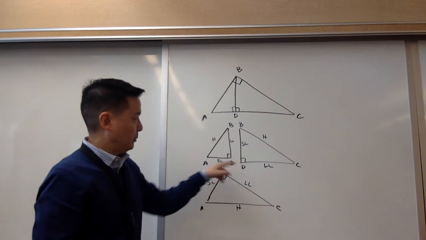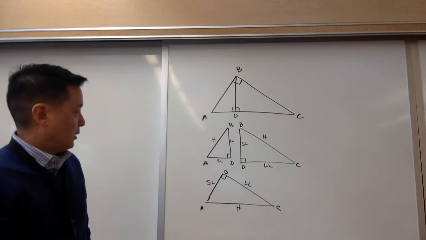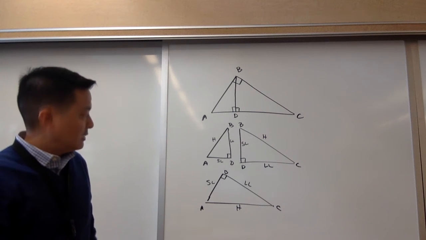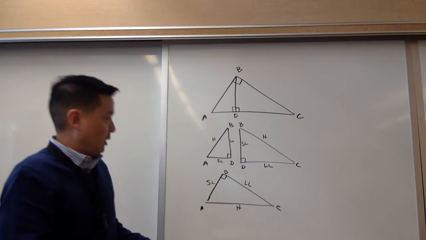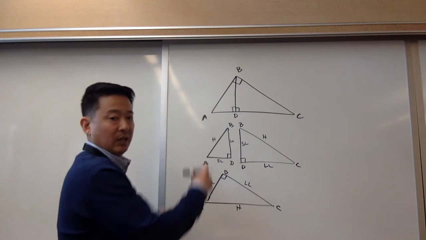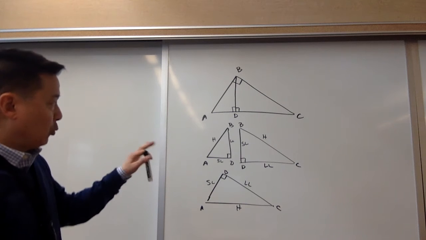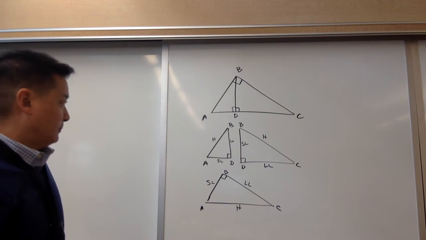And now that we've labeled all of these, we know that the ratio of corresponding parts is equal to the ratio of corresponding parts to any of the other triangles. It doesn't matter which way you go.